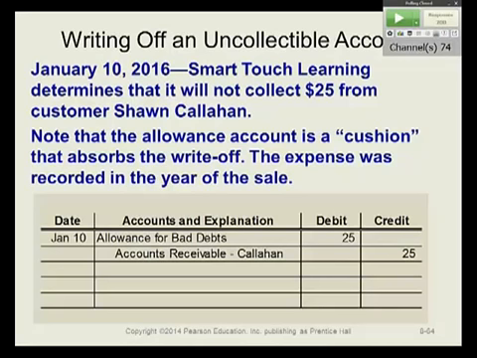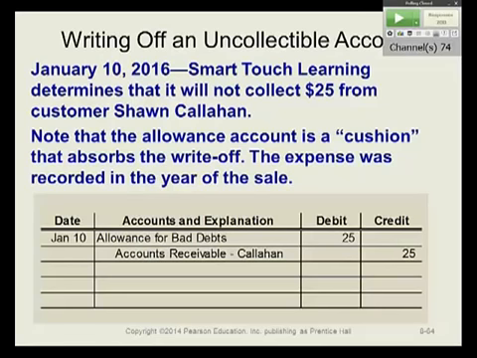So when you have a write-off under the allowance method, the write-off goes directly against the allowance account, no additional expense, and does not change the net realizable value of the receivable.